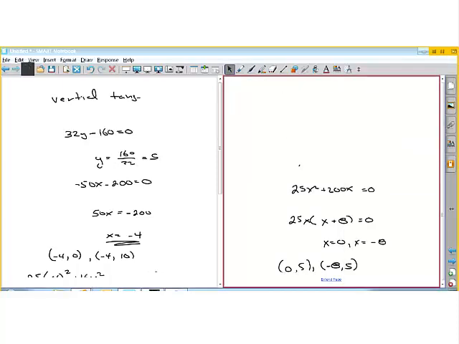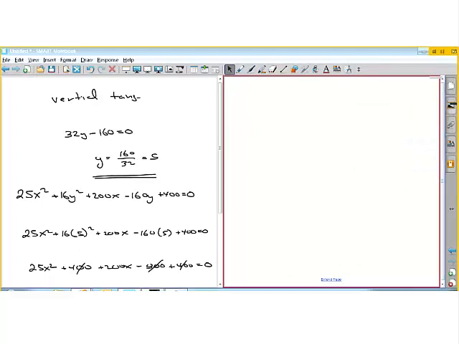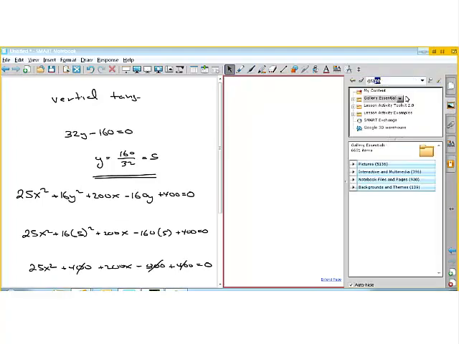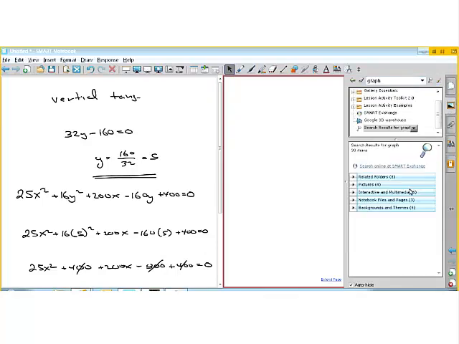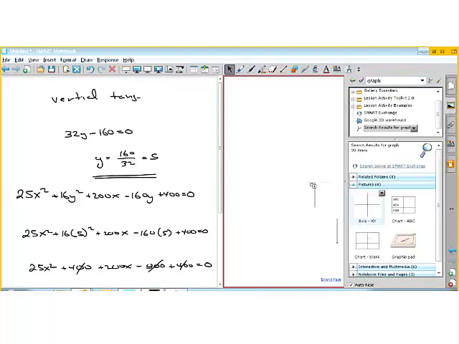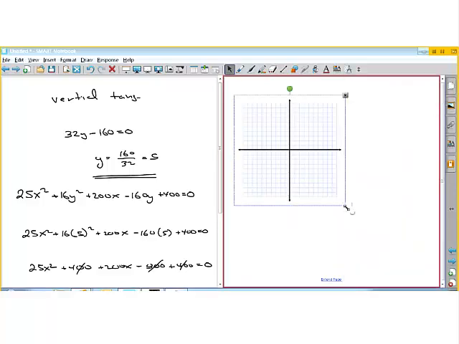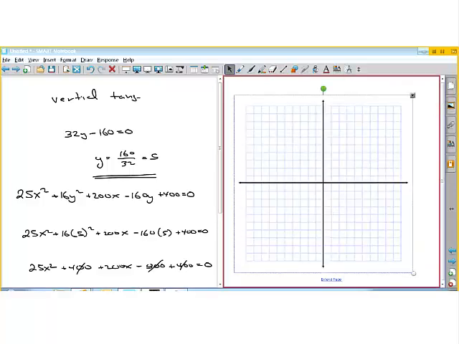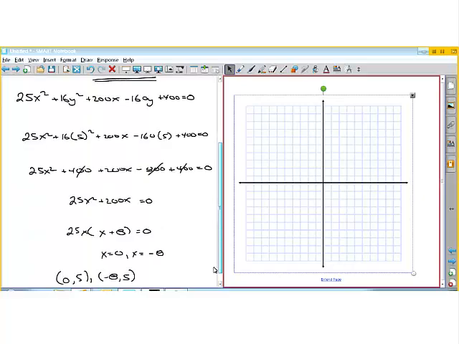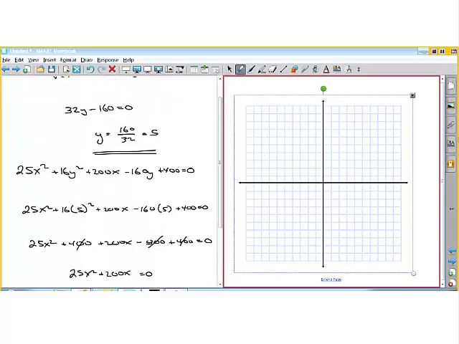So let me put a piece of graph paper in. Okay, so there we go. So let's plot them. The first points were 0, 5 and -8, 5. Okay. 0, 5: 1, 2, 3, 4, 5. And then -8, 5: 1, 2, 3, 4, 5, 6, 7, 8. Okay, so those are the x vertices.